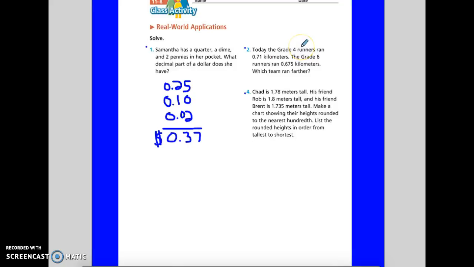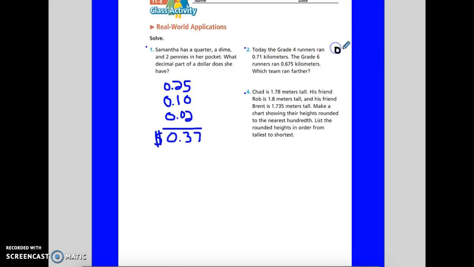It says, today the grade 4 runners ran 71 hundredths kilometers. The 6th grade runners ran 675 thousandths kilometers. Which team ran further? So to compare decimals, remember that we're going to write them, and then make sure that we line them up very carefully to compare.